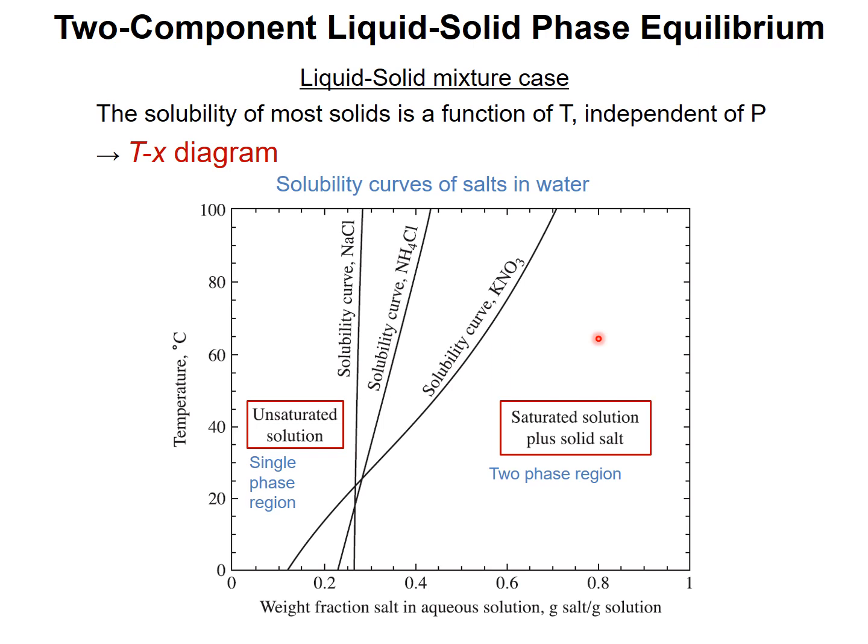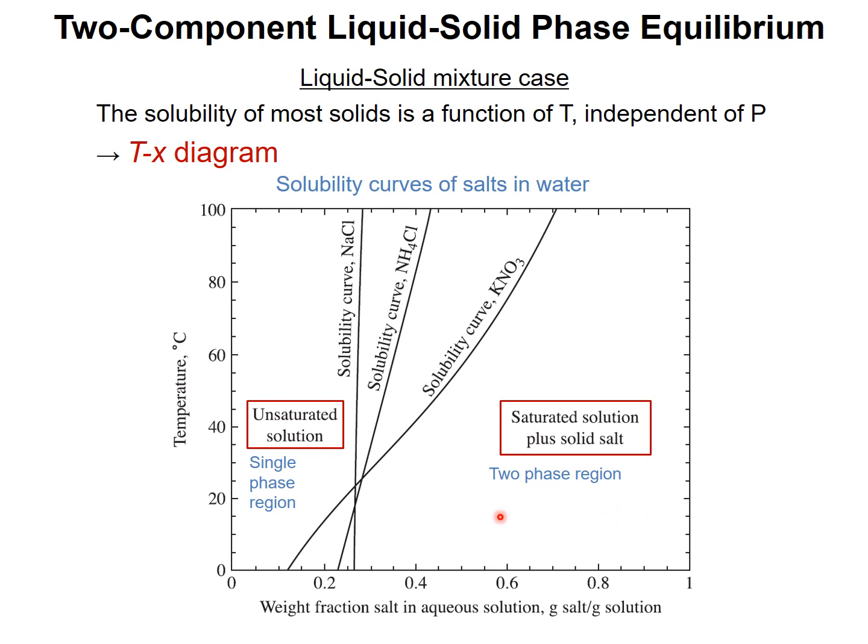So some portion of salt is precipitated because its concentration is higher than the solubility. So in this region, you have saturated solution, of course, plus solid salt undissolved from the saturated solution.